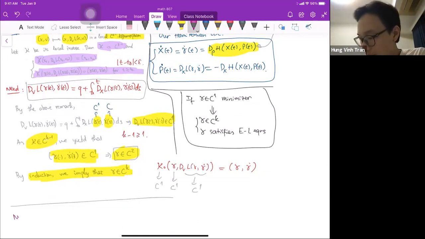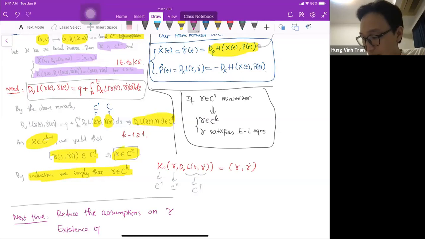So next time, of course, I'm going to send you the lecture. I'll need to check it and figure out what I want to do. So next time we're going to reduce the assumption on gamma, and we're also going to try to have existence of a minimizer, and so on and so forth.